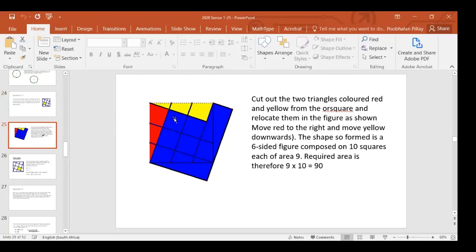This is the diagram that we had. Then I took out this little triangle here, this part of the original square, and I moved it across to this side. Exactly the same triangle. I translated it to this side. And the same thing I did to this triangle here, I pushed it to this side here at the bottom.